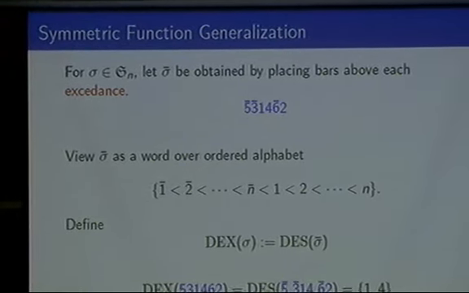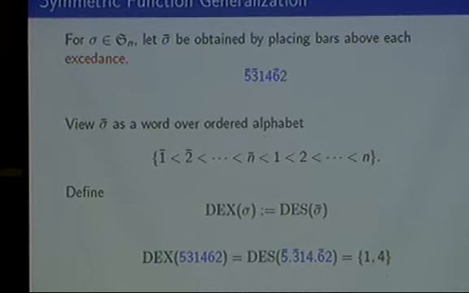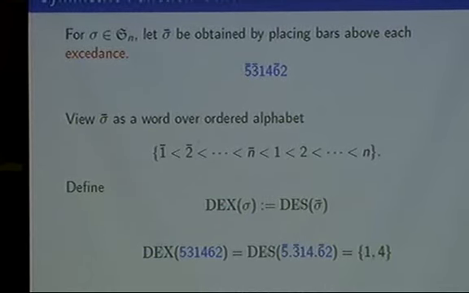So we do something a little strange. We take each exceedance and we put a bar above it. And then we have words over this ordered alphabet. And then we define the dex set of sigma to be the descent set of sigma bar using this ordered alphabet.